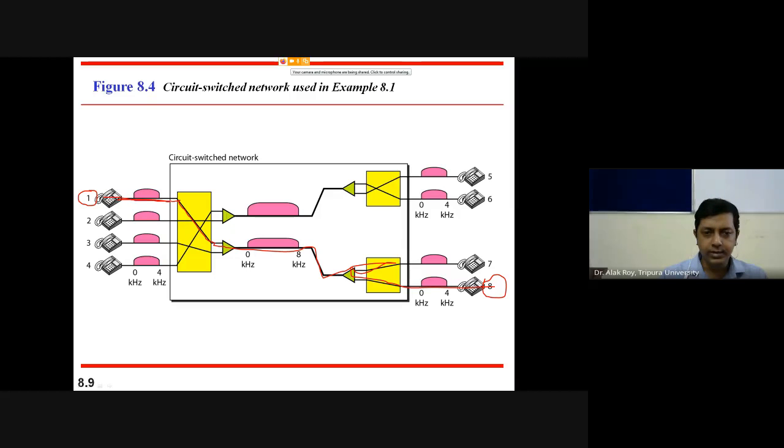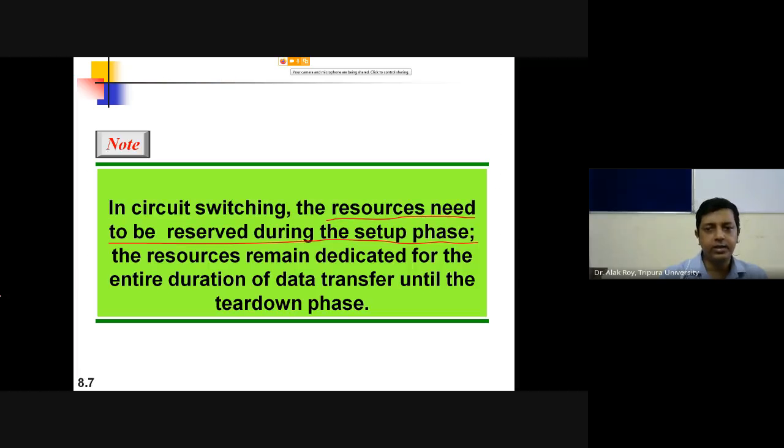So this physical connection between these devices is established first, and then communication takes place. That's why the meaning is that resources are reserved first, and that resource remains for the entire duration of data transfer, until you close the phone.